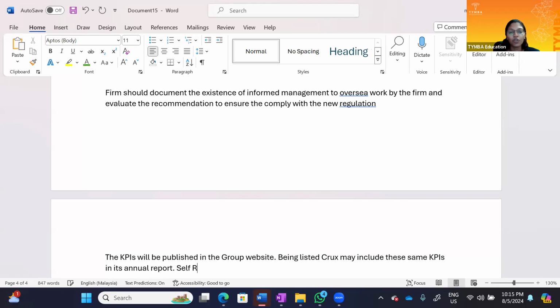Okay, so self-review. This will give rise to self-review threat. So why do I say it's a self-review threat? Because it's other information. So self-review threat at the final audit stage.